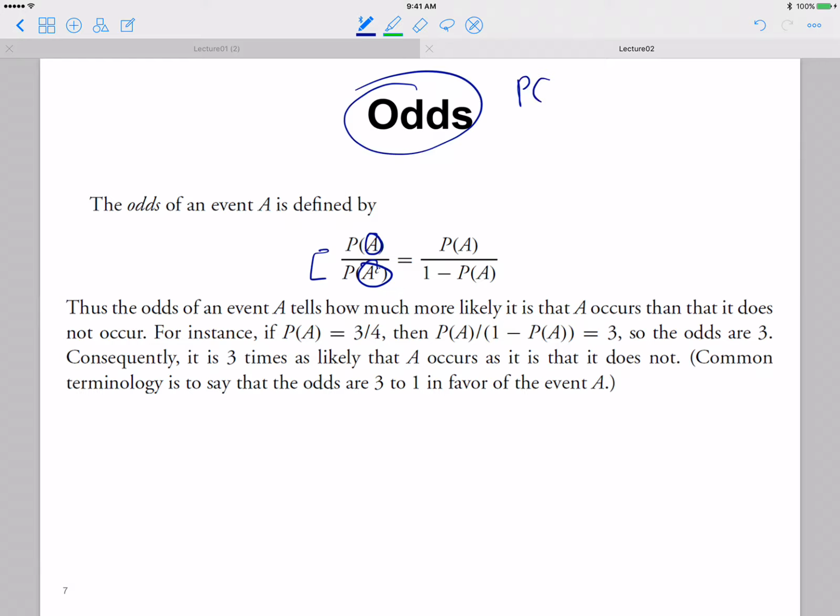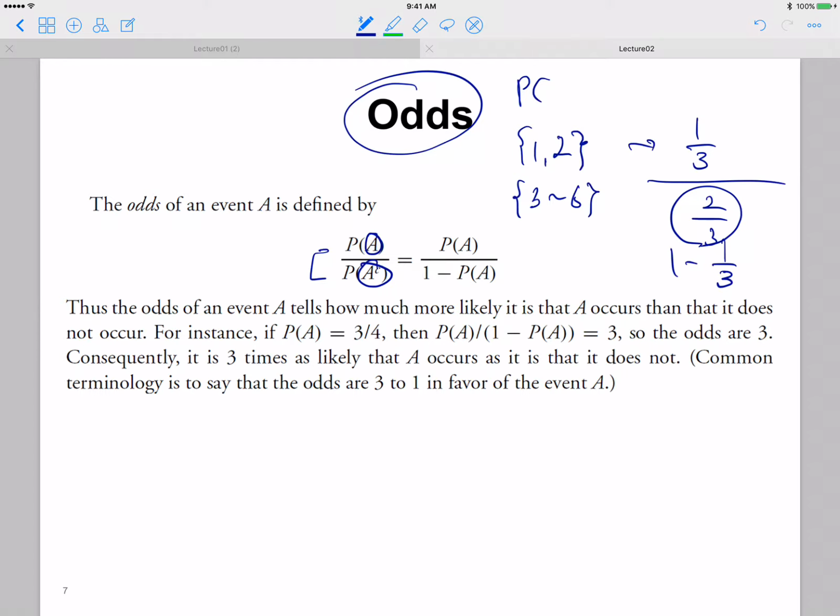So what is the probability of observing 1, 2 out of our dice? It is 1/3, right? In this case, what is the probability of seeing the complementary event ranging from 3 to 6? It will be 2 over 3, which is simply 1 minus 1 over 3. So in this case, what are the odds?